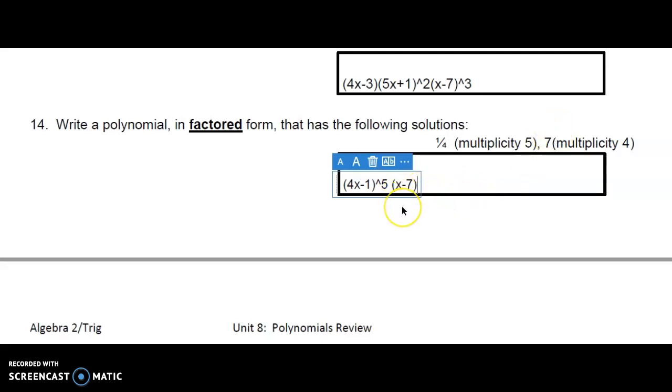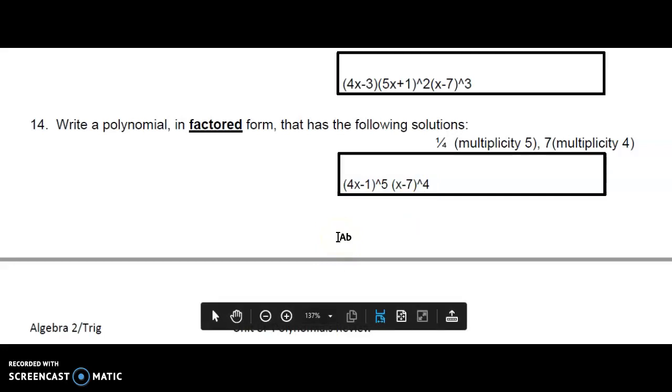If I were to set x minus 7 equal to 0 and solve it, I would add 7, and that would give me that x is positive 7. It has a multiplicity of 4. That means x minus 7 occurs 4 times. That means my exponent would then be 4.